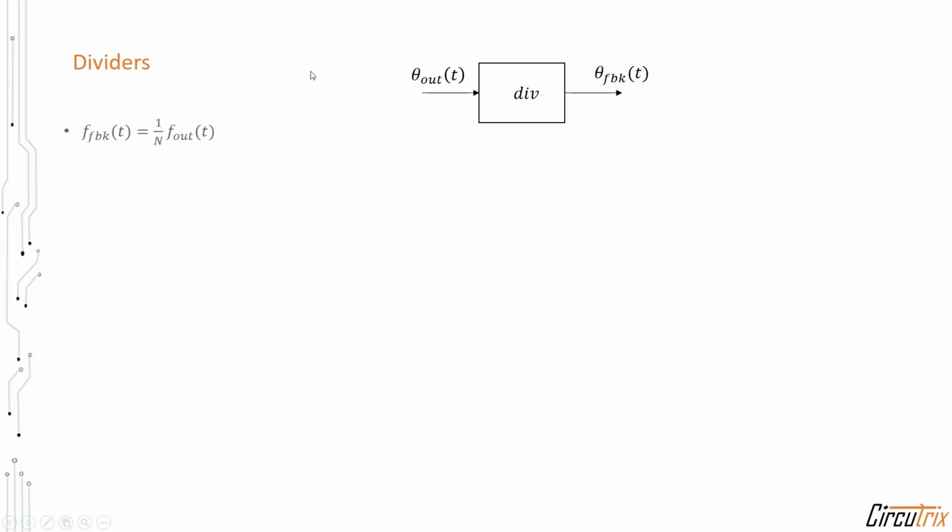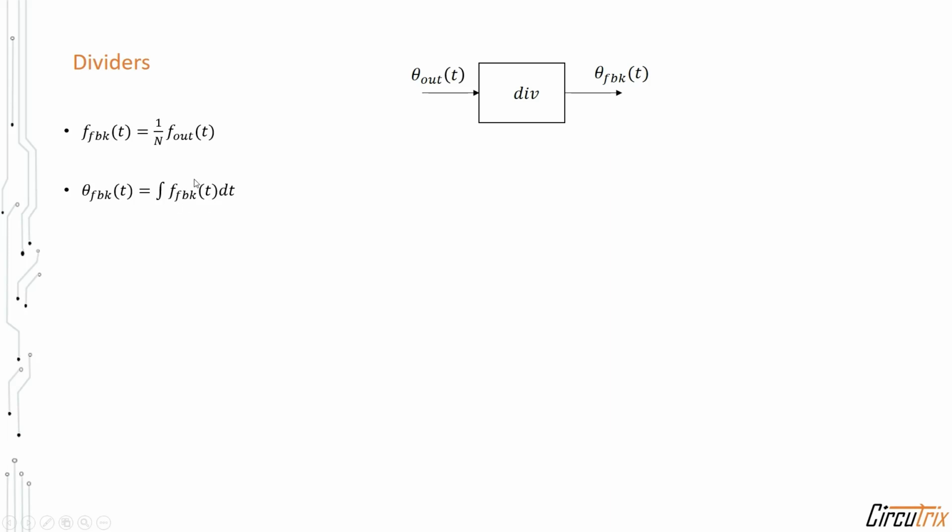This is the expression for the divider, where 1 by N is the divider value. It divides the VCO output frequency by N. Generally we analyze the PLL in the phase domain, so let's convert that into phase. The feedback phase is given by integrating the feedback frequency over time.